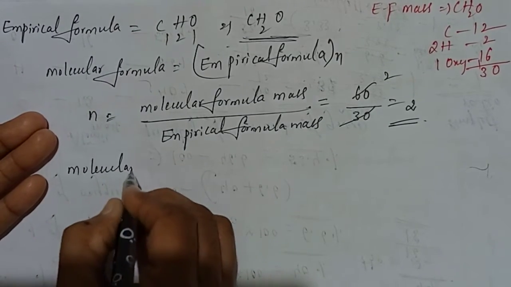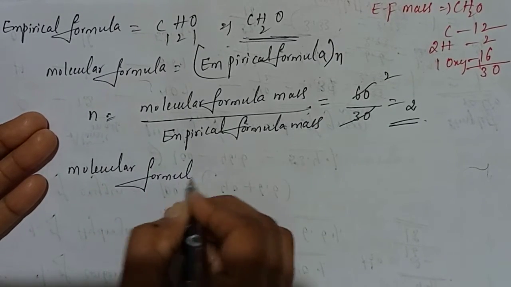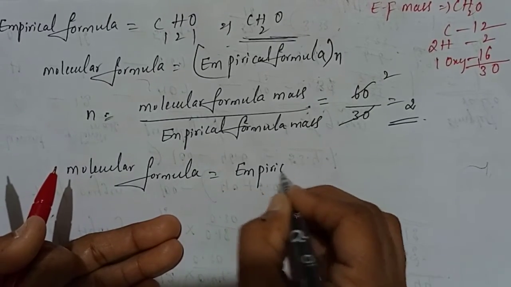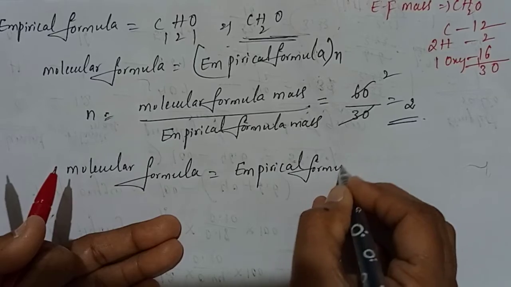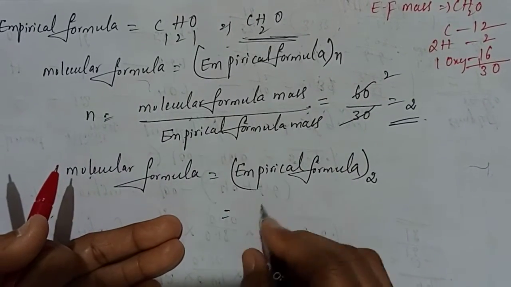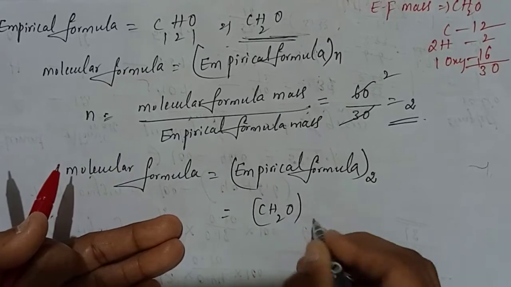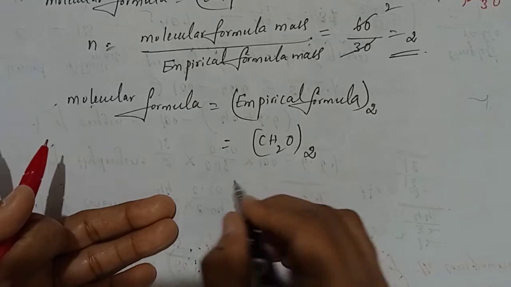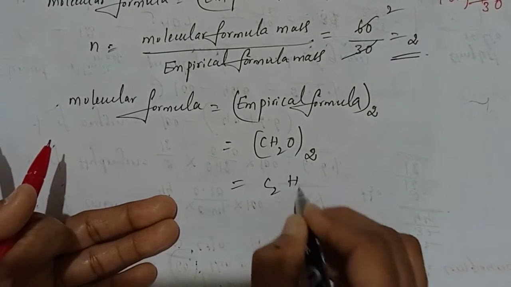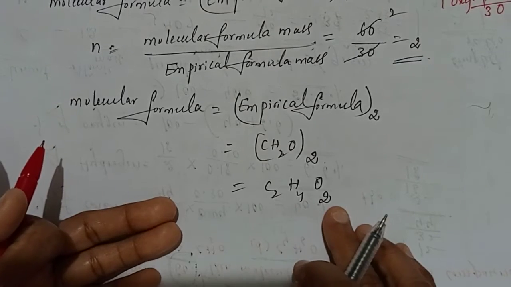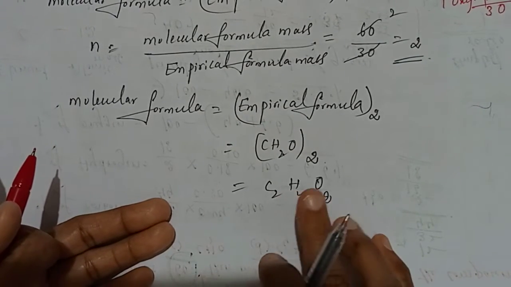So molecular formula is equal to empirical formula into N. The N value is 2. The empirical formula is CH2O, so CH2O times 2. Then you get C2H4O2.